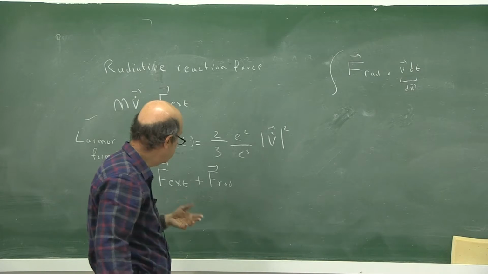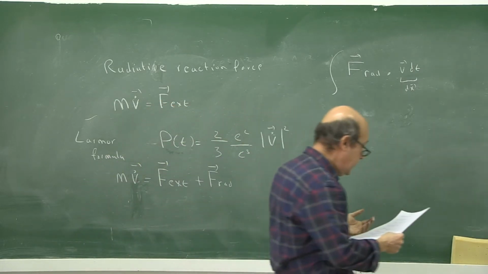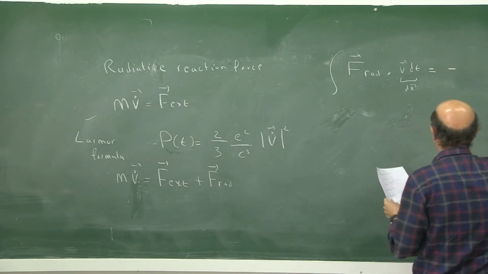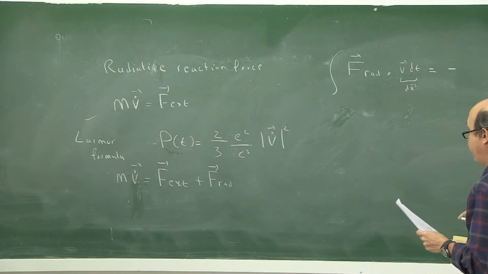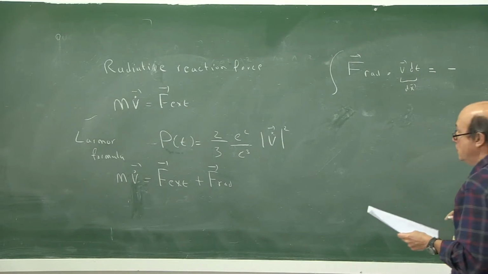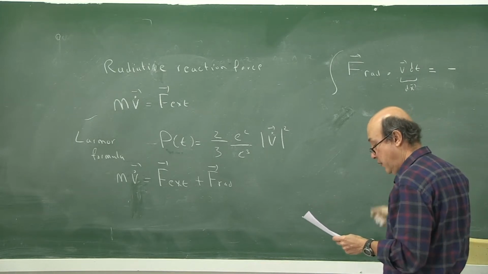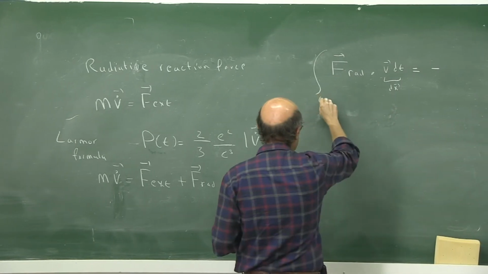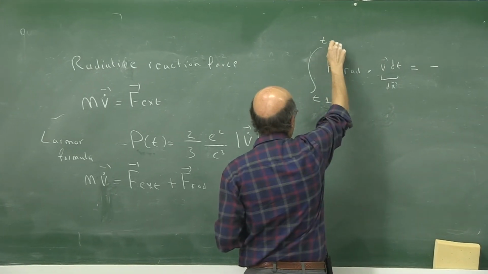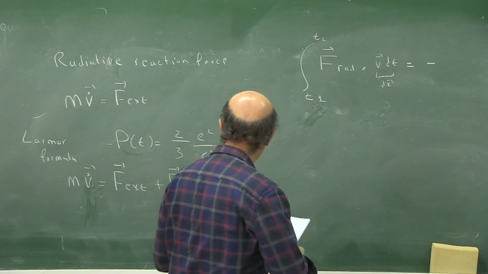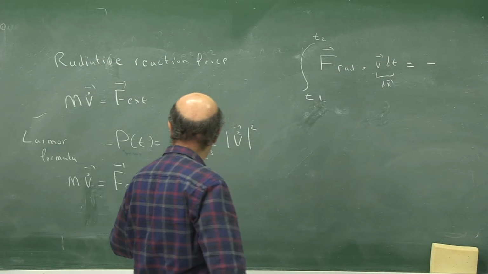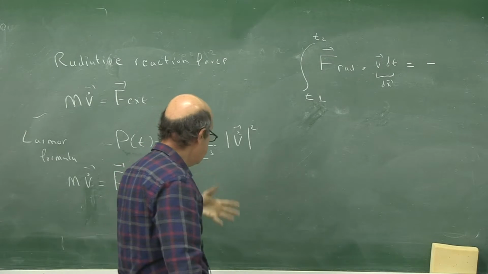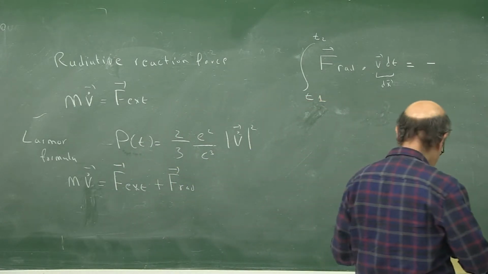So the work done by the radiation reaction force in a given time interval, t1 to t2, is equal to the negative of the total energy emitted by the accelerated charge.